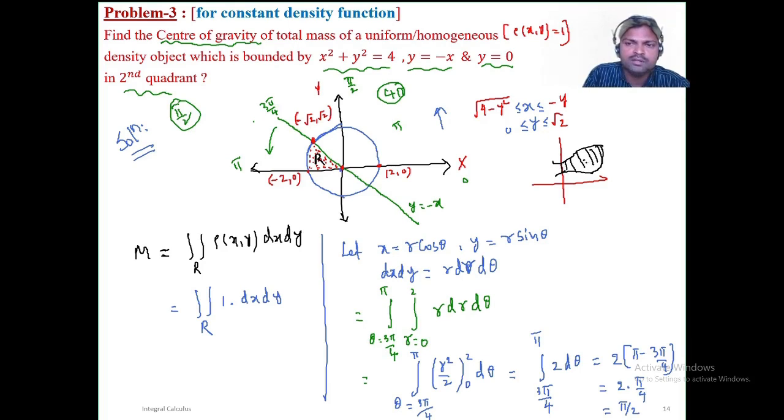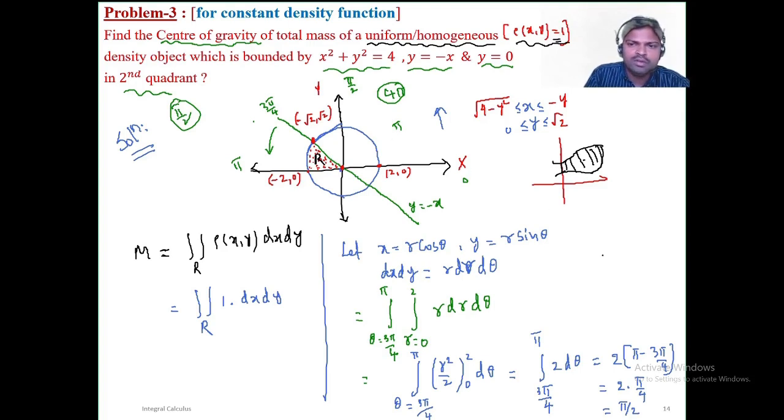For that, you should take the density function as 1. Uniform density function, particularly taken as 1, and proceed by the concept of center of gravity, so that you will get the center for this object. The concept is true if you take a uniformly distributed density function, and particularly that should be 1. This is the main application of finding the center of some irregular figures.